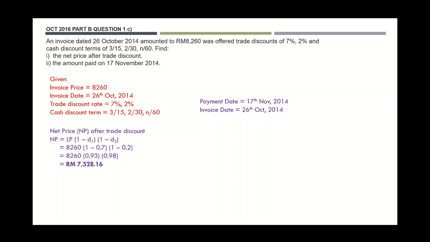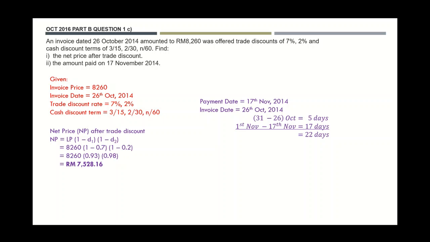So the first thing that you need to do is to determine the number of days between the invoice date until the payment date. So calculating these two date difference, the total number of days from 26 October until 17 November is 22 days.